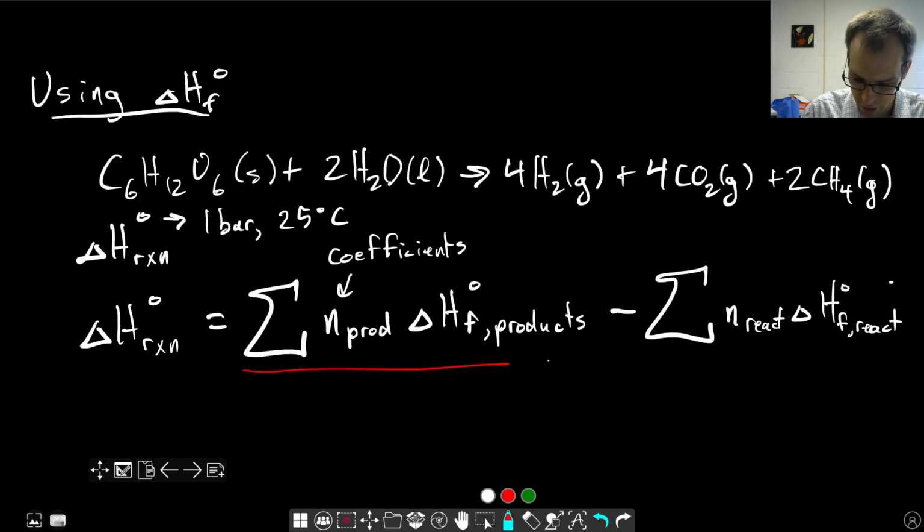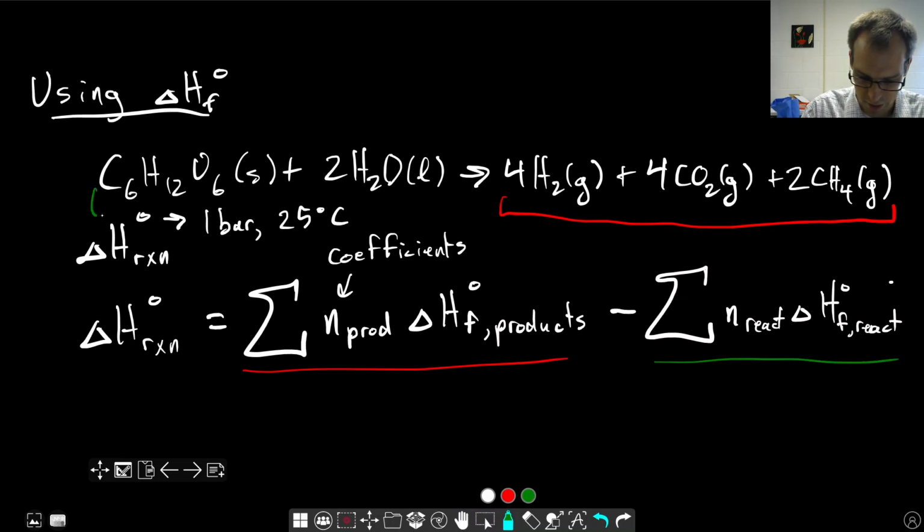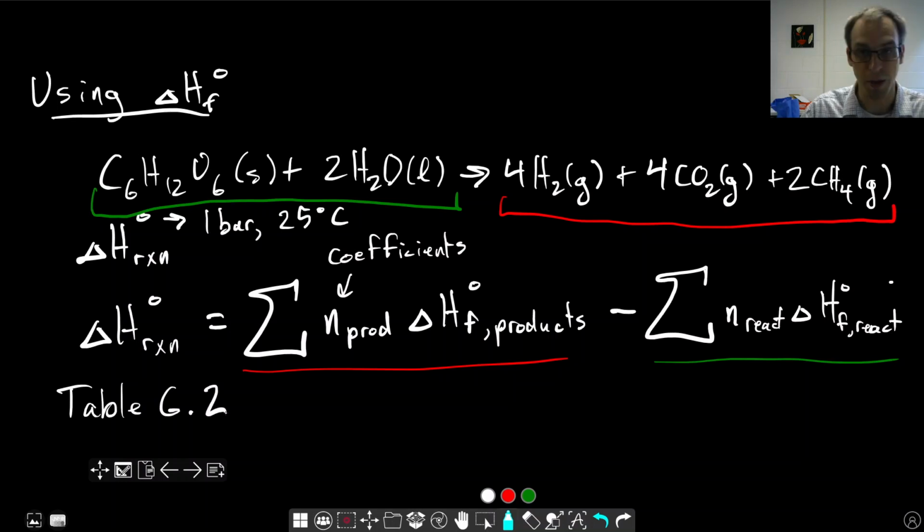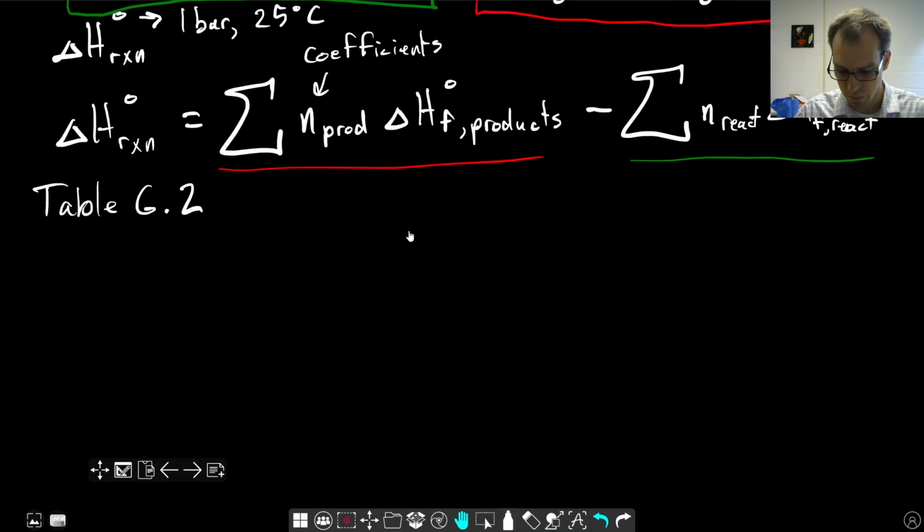For this sum, we're going to need to do all of our products here, and for this sum, we're going to need to do our reactants over here. And we'll need to look up these enthalpies of formation. I've got a table here where you can look these up. I'm going to be looking at table 6.2 in your textbook. There's also a table in the back of your book that has more values. So that's where these values are going to come from.